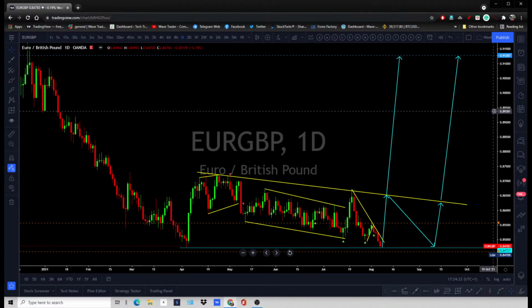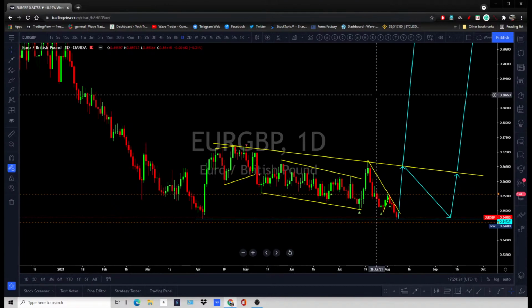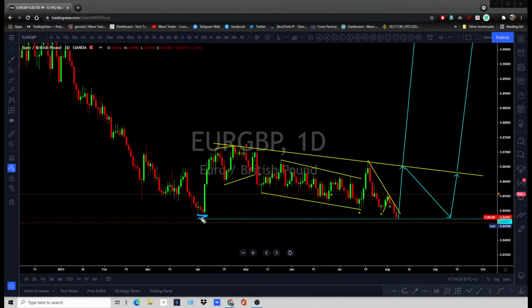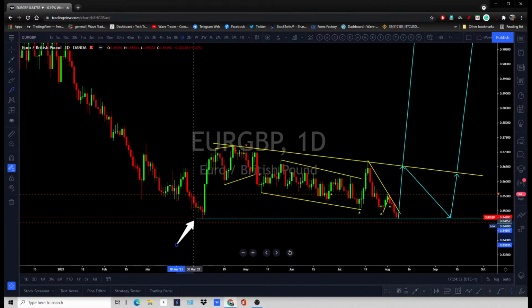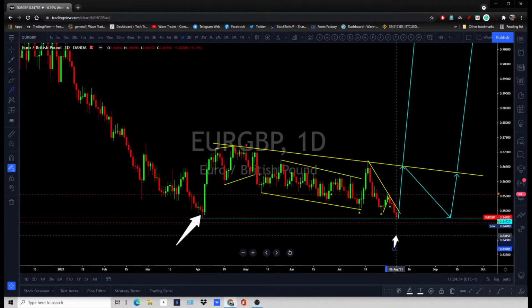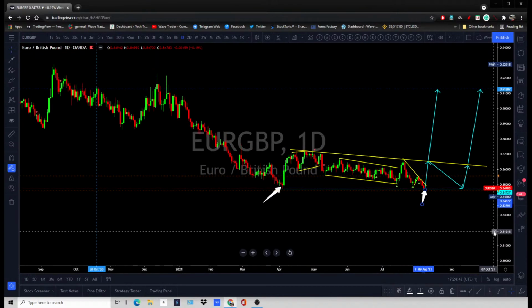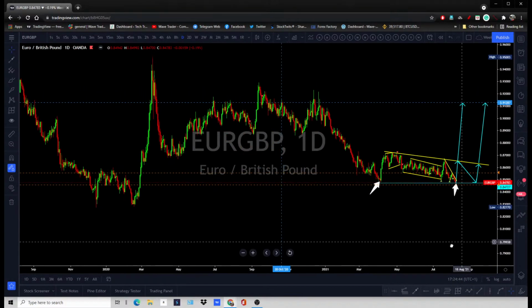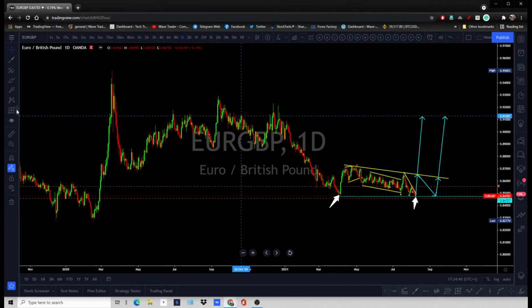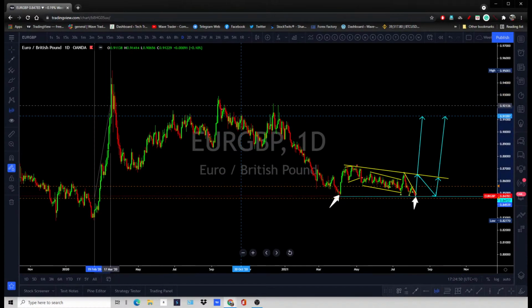Price is slowly pushing lower and trying to break down this previous low, this previous bottom. You're looking for price to hold that, bounce off, and at least go up to 86.50. If the move is going to be as sharp or strong as the previous one, that was simply a crash.